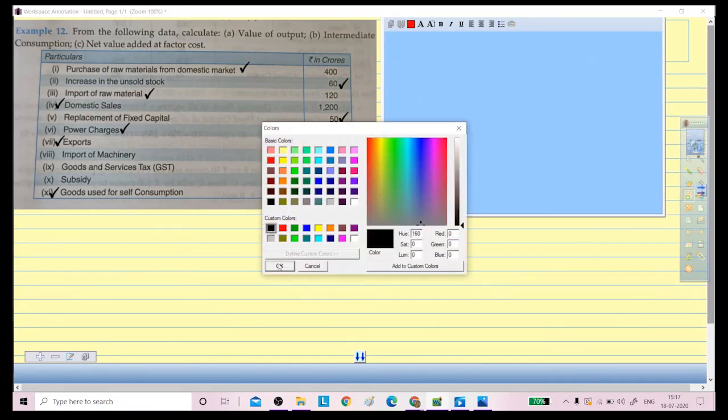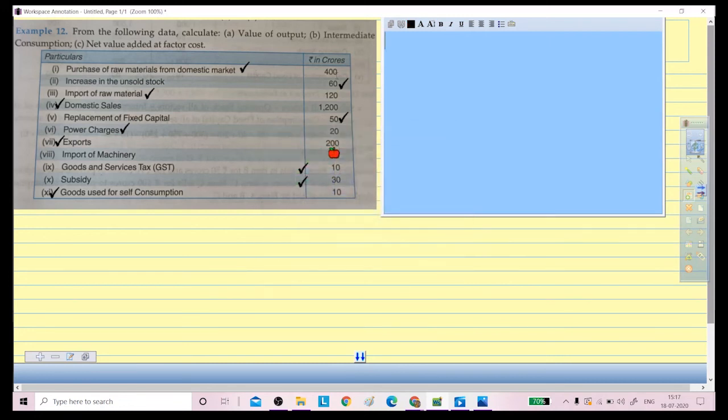First of all, we have to find out the value of output. What are the values that we have to consider in order to calculate value of output in this particular question? It is sales plus change in stock. Sales can be domestic sales or exports, so I am adding exports also.